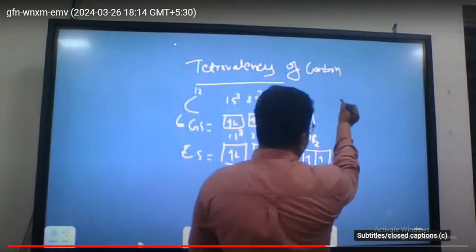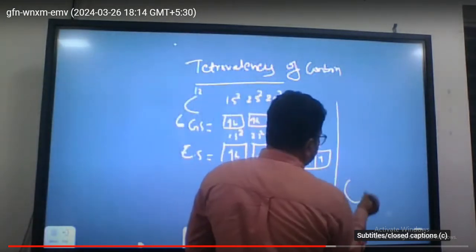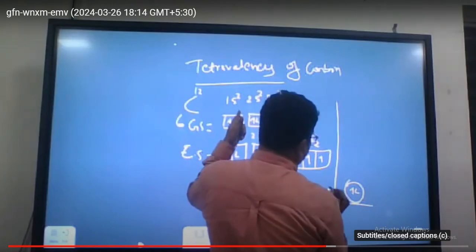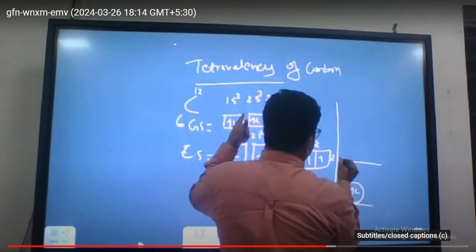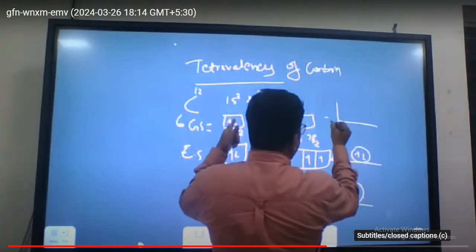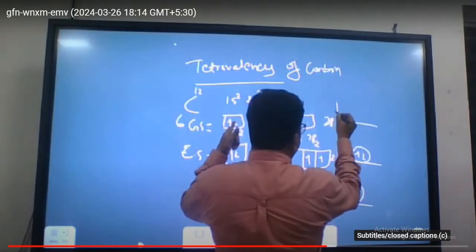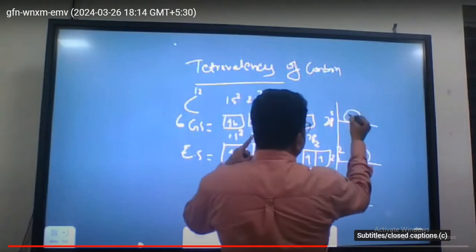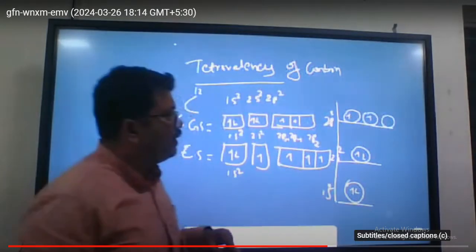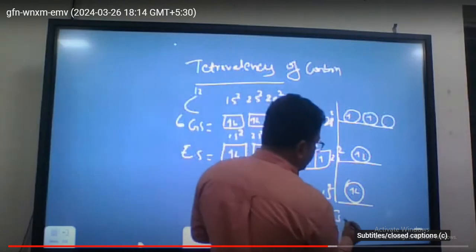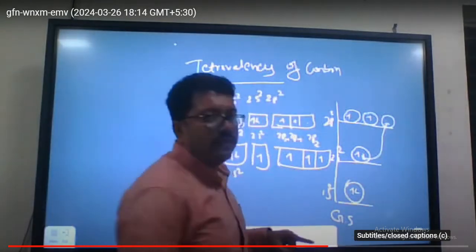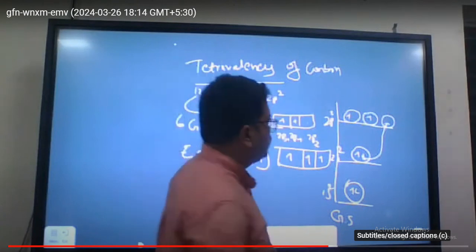So the energy level diagram: this is lower energy, 1s2. This is 2s2, higher energy, and this is higher energy, 2p2 here. This is the ground state. In the excited state, this electron is excited to the 2p state.